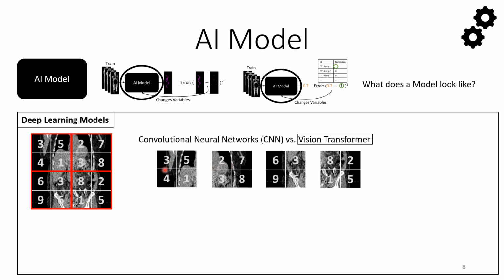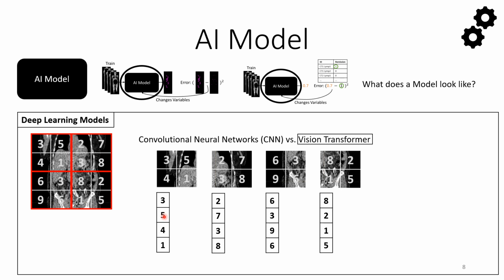So now we take the values in here and write them down in a vector. It was here 3, 5, 4, 1, and now we have 3, 5, 4, 1 under each other. So we do this for all the images. Okay, so now let's start with this vector here, and we do a so-called fully connected layer. That works the following way. We multiply the number 8 here with a variable which we call w11.